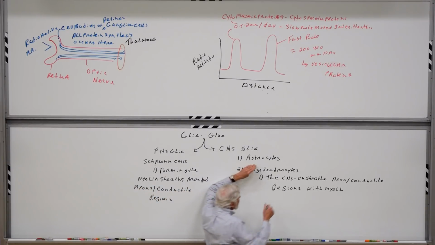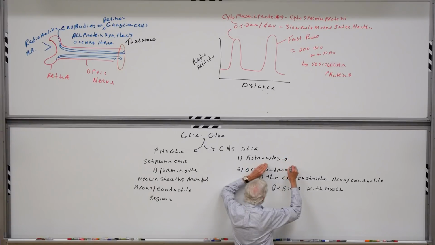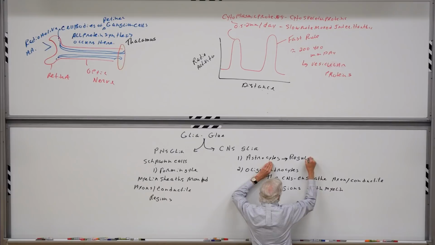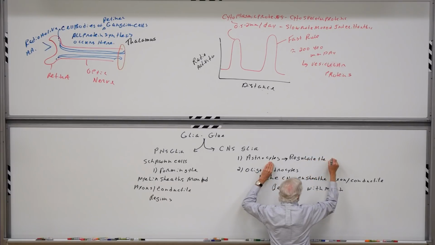The astrocytes play a slightly different role in the central nervous system. In the central nervous system, they regulate the extracellular environment.